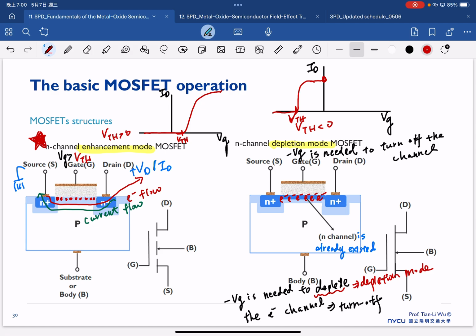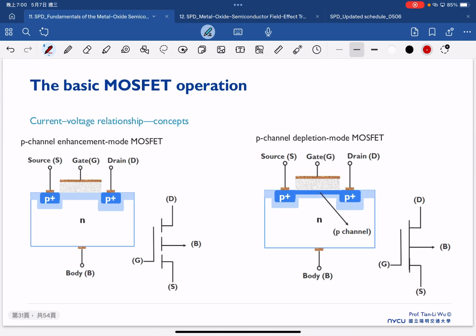So we have the N-channel enhancement mode and depletion mode. Also the same, we will have the P-channel enhancement mode and the depletion mode as well. So in the case of a P-channel, what we need is to apply the negative gate bias, because right now we have the N-type substrate, so we need to apply the negative gate bias to induce the holes in the channel.